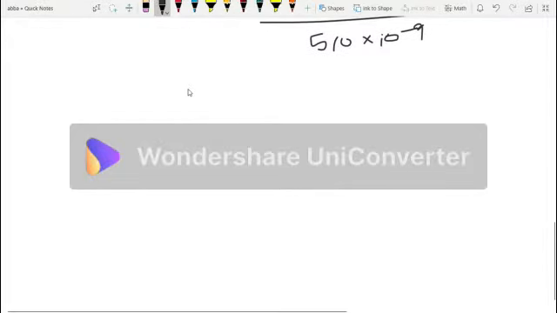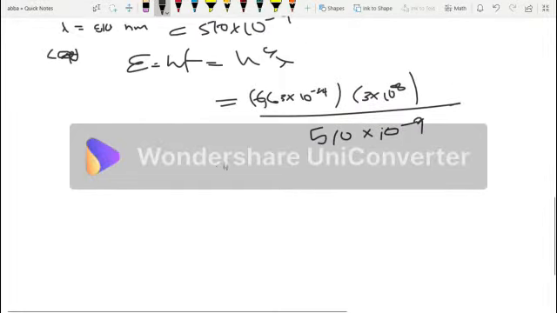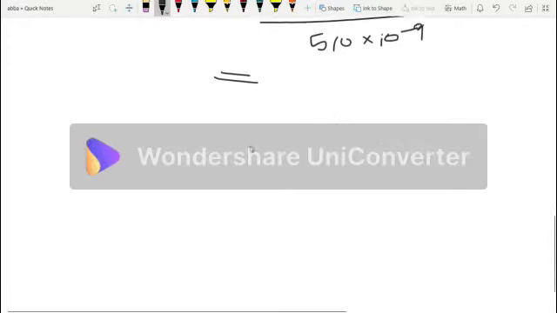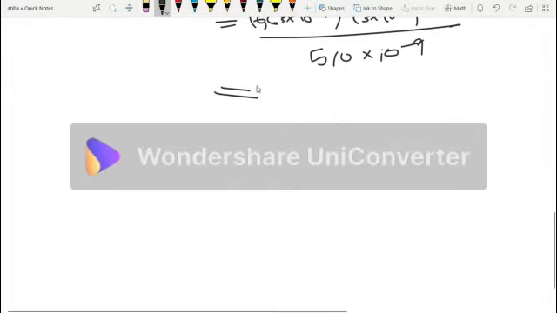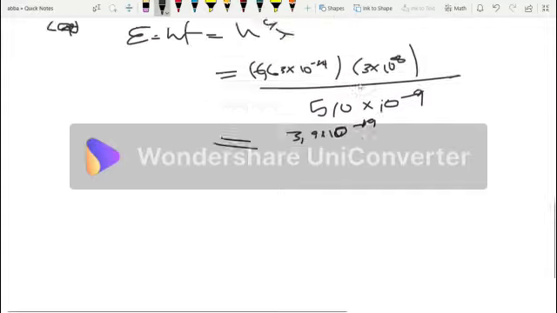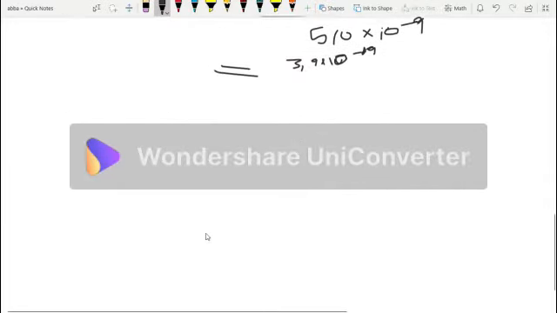Now when we calculate the energy, let's see how much we get. The answer is going to be 3.9 times 10 to the negative 19 joules. That's very good.